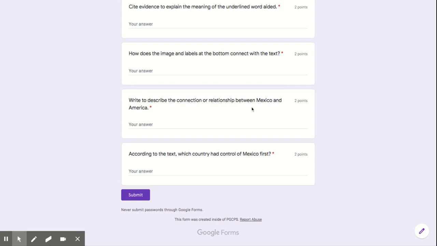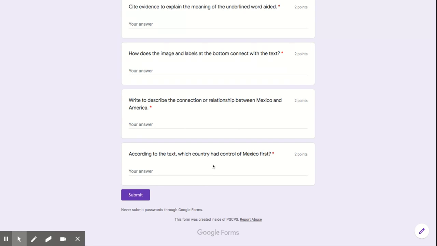So it wants to know how Mexico and America go together in this text. So again, some important words that I would pull out for my restating, Mexico and America, because those are the two places we're talking about. Connection, or you could use the word relationship. So use those words in your restating.